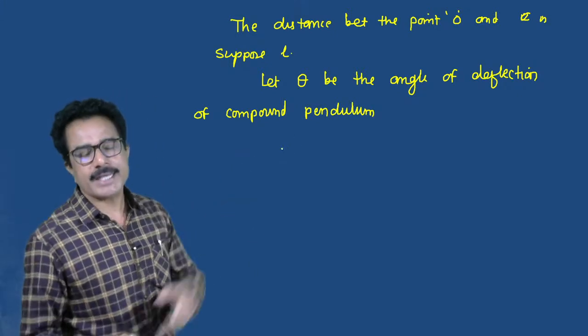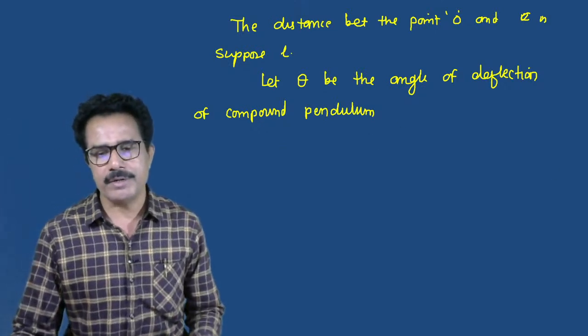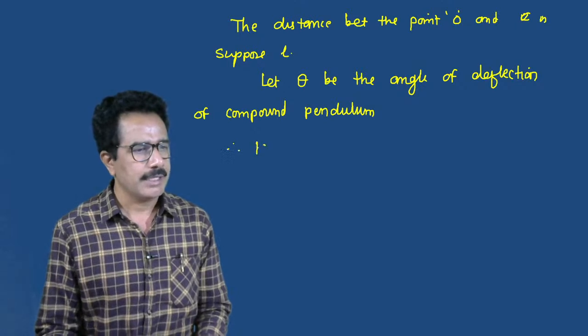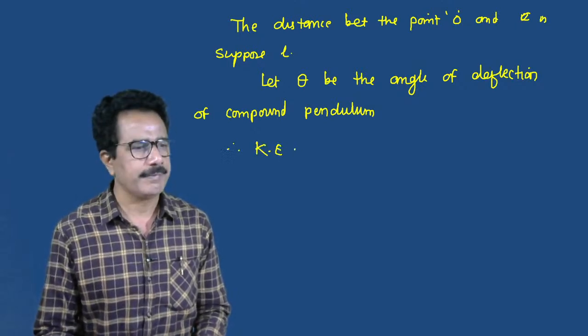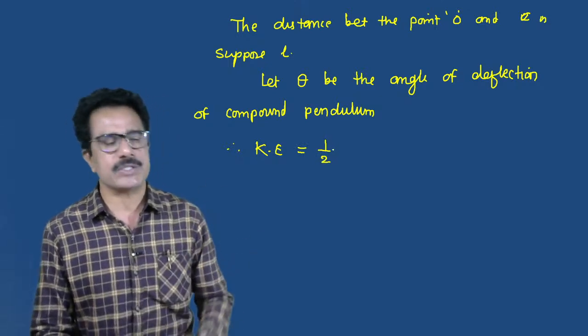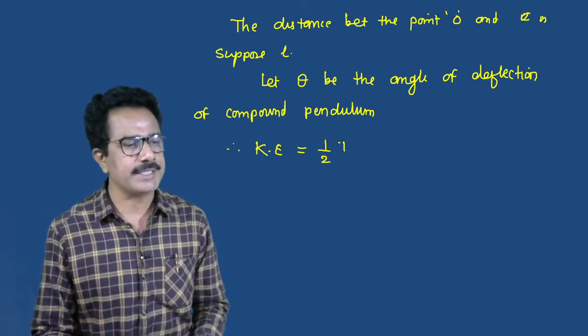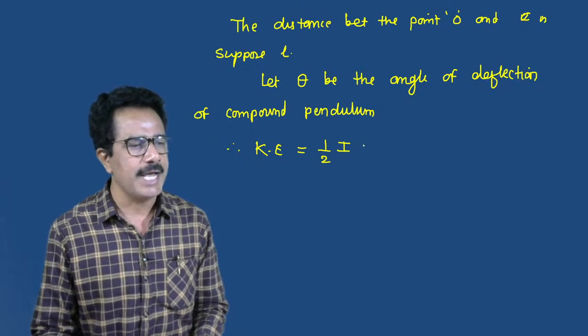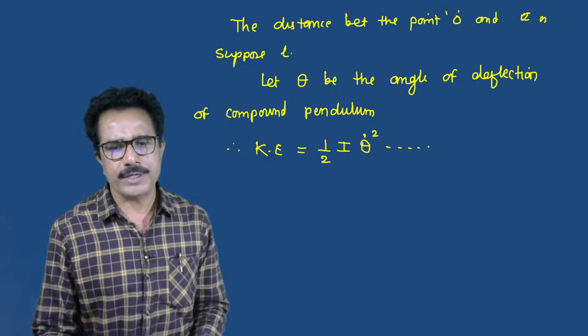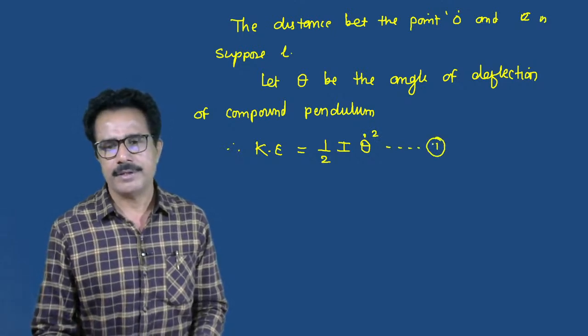Then we know that the kinetic energy of the compound pendulum is given by T = 1/2 I theta dot squared, in terms of the moment of inertia instead of 1/2 mv squared. This is equation 1.